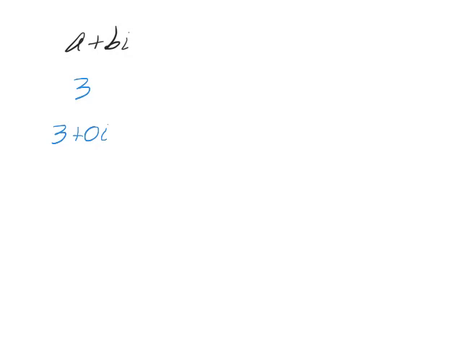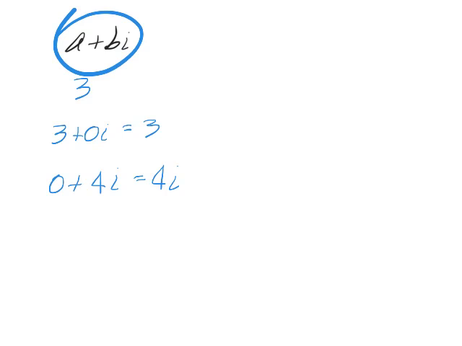They just say a complex number is a number of the form a plus bi. It could be that your a is 0, so it could be 0 plus 4i. In this one you get 3, in this one you get 4i. So it's still written in this form, it's just that a or b can be equal to 0.